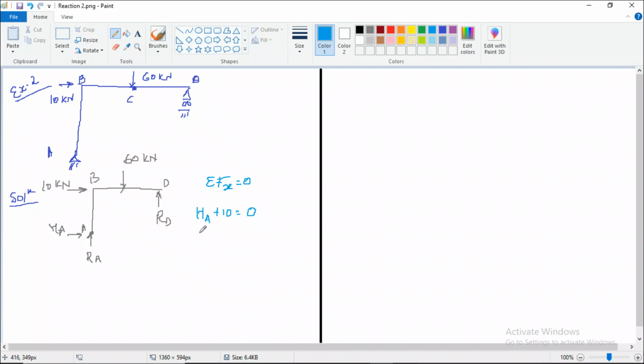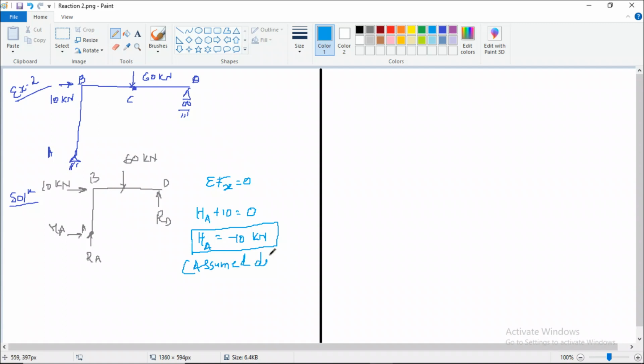So HA will be equal to minus 10 kilonewton. Now you observe this answer has come as negative. What does this mean? This means that whatever direction we have assumed is the wrong direction, so we need to change the direction.